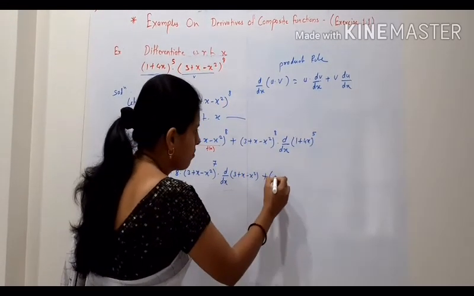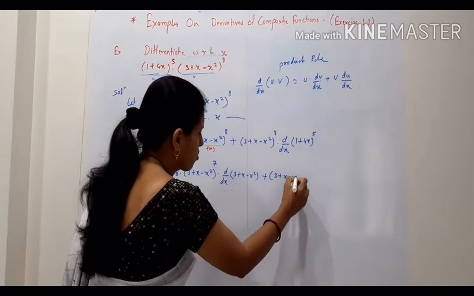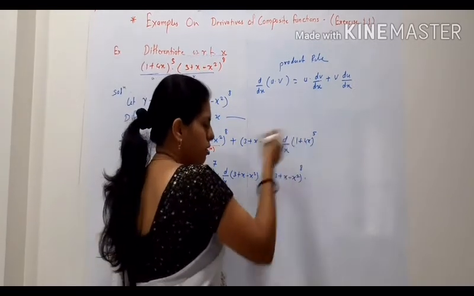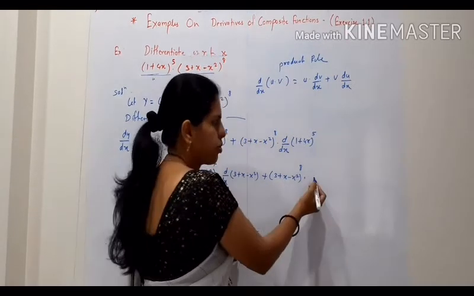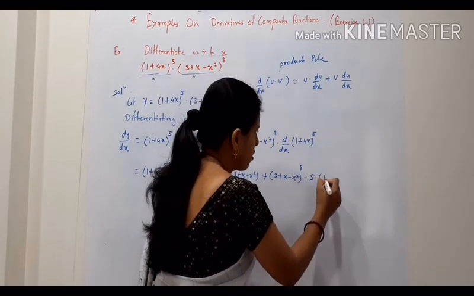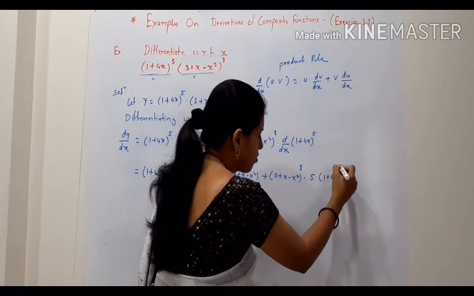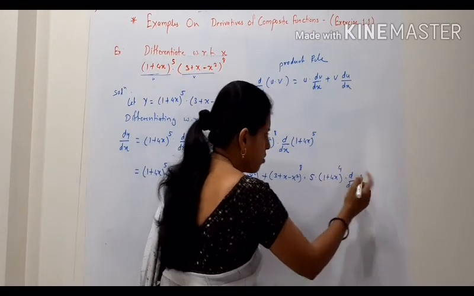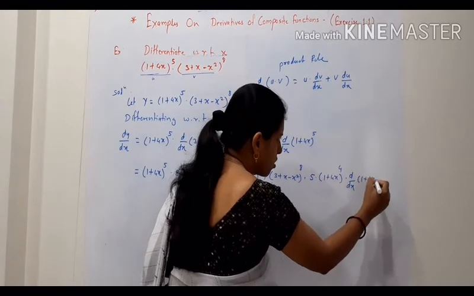Then the second term, (3 + x - x square) raised to 8 as it is, into, for this use the same formula, 5 into (1 + 4x) raised to 5 minus 1, that is 4, multiplied by the derivative of this 1 + 4x.